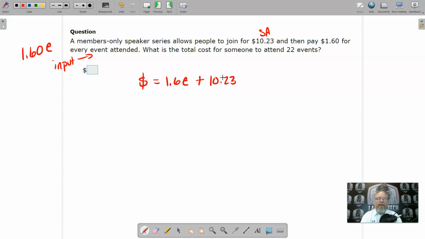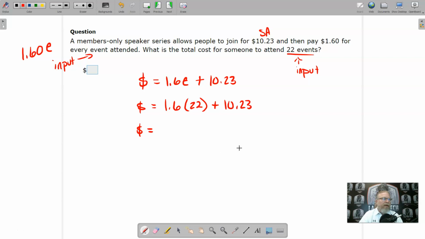Now, let's see what they give us. They give us an input, right? The number of events. So in the place of E over here for the input, we're going to go ahead and put that value there. So the amount of money is going to be equal to 1.6, and then for E, we're going to put in 22. And then we have to add our $10.23. So next step is to go ahead and multiply 1.6 times 22.